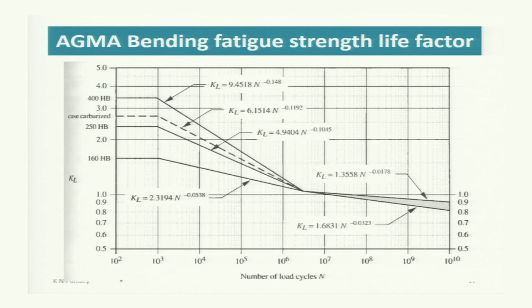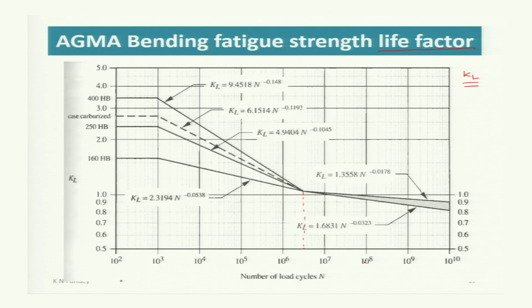Now, the different modifying factors for the bending fatigue strength. The first one is the life factor KL. The KL can be obtained from this figure where on the x-axis is the number of load cycles, that means the life for which you want to make your gear.